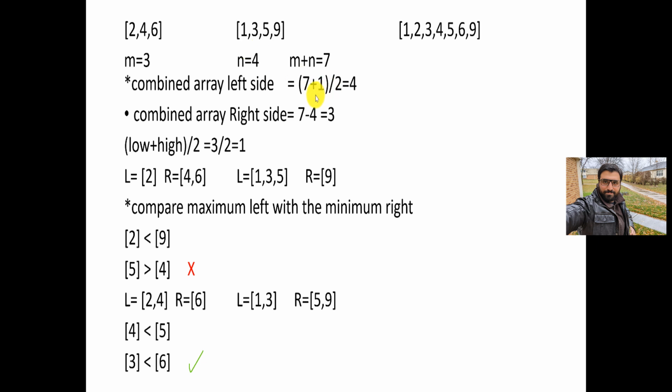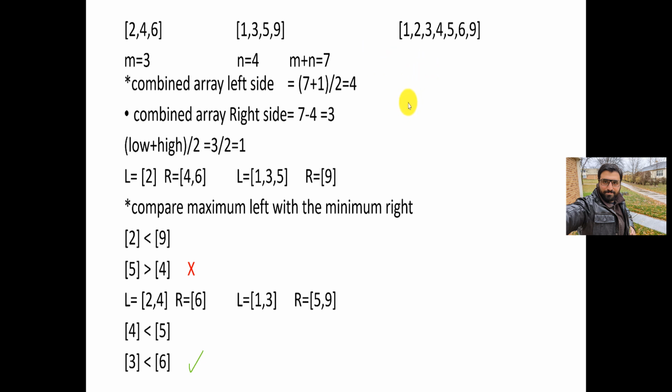In order for us to do that, we need to find the low and the high of the first array. The low is the case where we take no elements at all, which is 0, and the high is the case where we take all the elements, which is 3. Now, we all agreed that we should be taking (7 plus 1) divided by 2, which is 4.